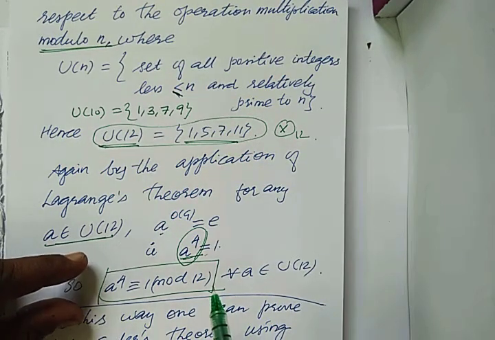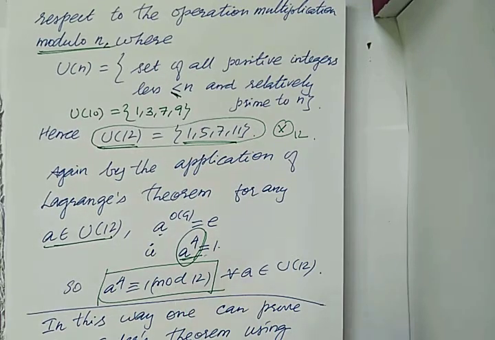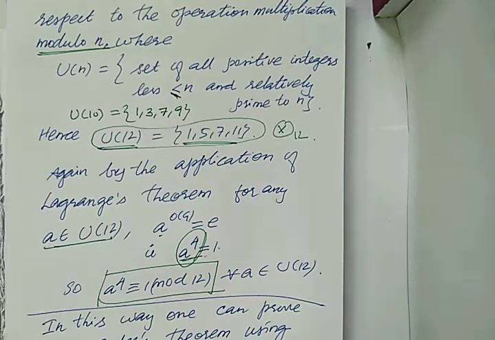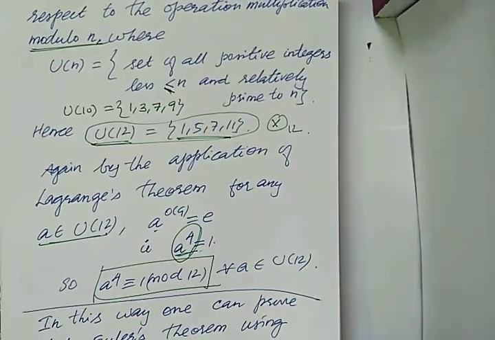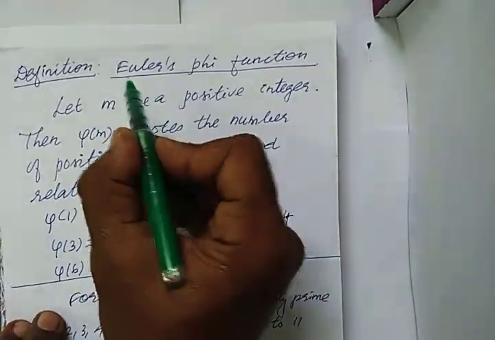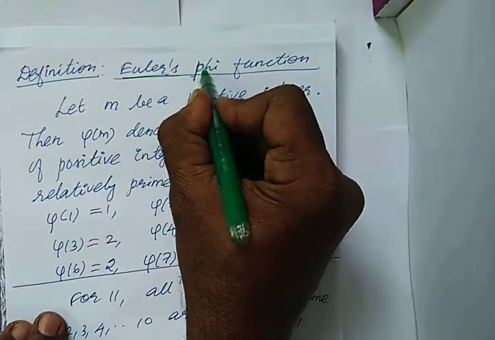This kind of result is going to be called Euler's theorem. In this way, one can prove Euler's theorem also using Lagrange's theorem. And before seeing the statement, let us see a few definitions, and then Euler's theorem. Before that, we shall see Euler's phi function.